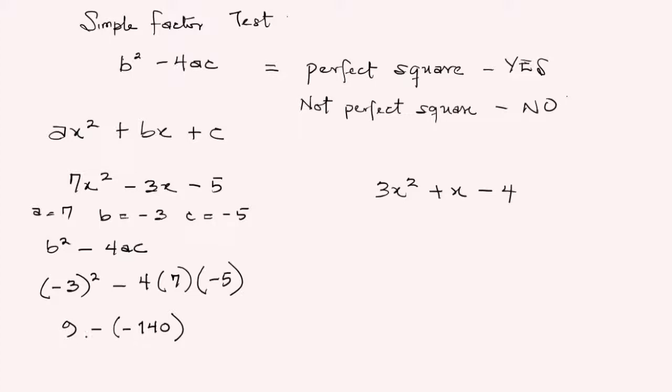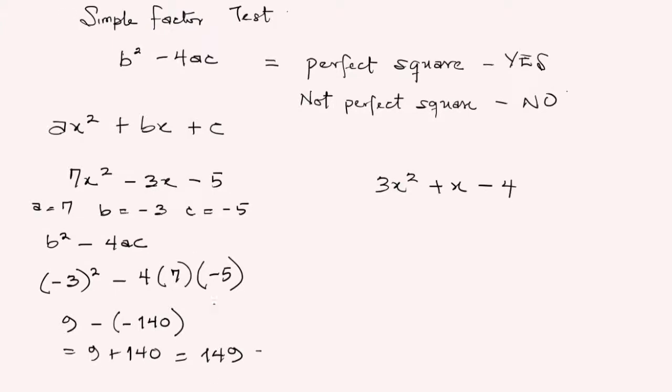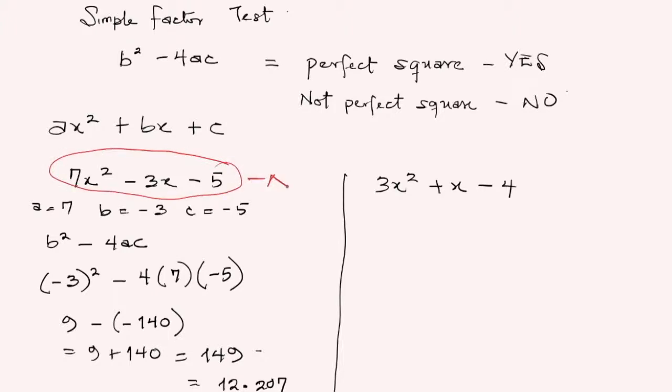Now, 9 minus times minus is equal to plus, so this is 9 plus 140. And this results in 149. Now, the square root of 149 is equal to 12.207. And so here we can tell that this is not a perfect square. And so by that we can tell that this particular quadratic equation cannot be expressed in terms of simple factors.